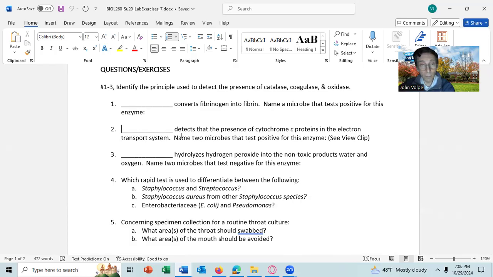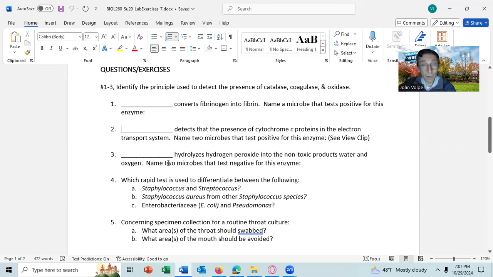And then 2B, name 2 microbes that test positive for the enzyme. And if you use AI to do this and get the wrong answer, I'm going to mark it wrong, even if it might be correct, meaning you should be using an enzyme from this lab. And we're only talking about the enzymes catalase, coagulase, and oxidase.